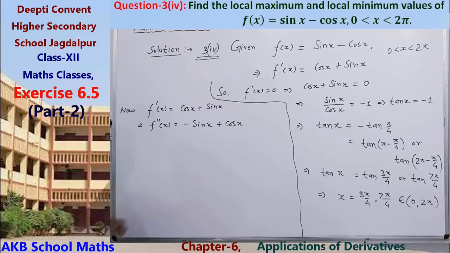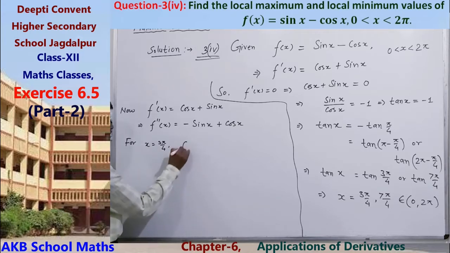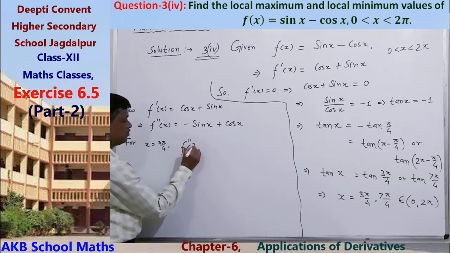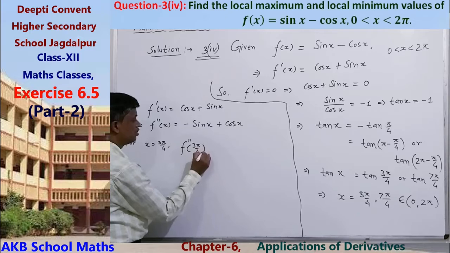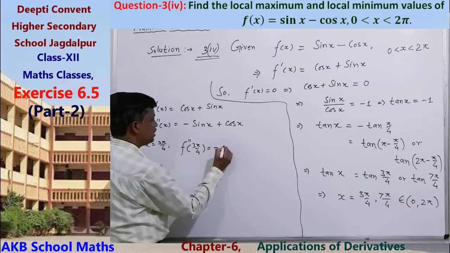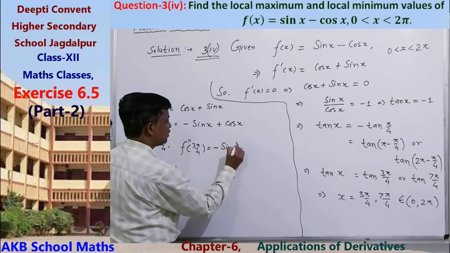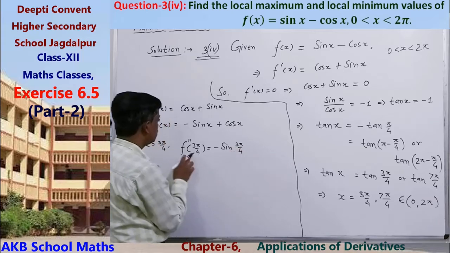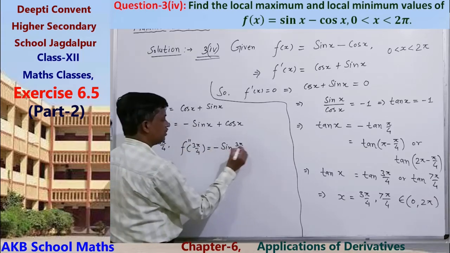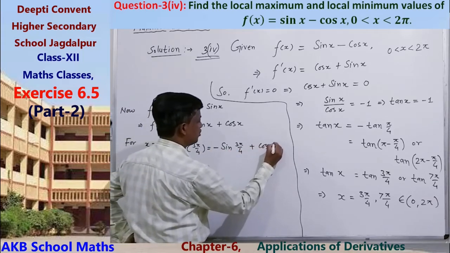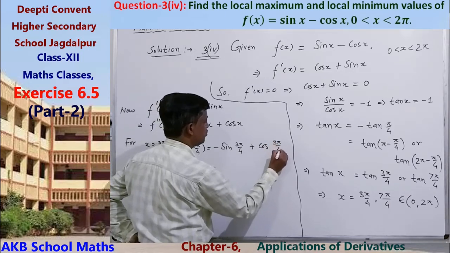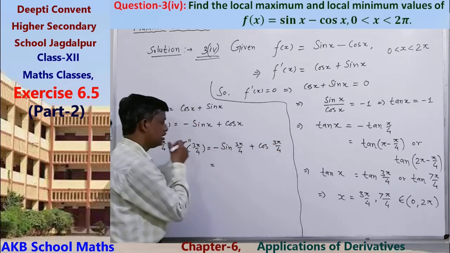Now for x equals to 3 pi by 4, first point, f double dash 3 pi by 4 equals to minus of sine 3 pi by 4, we have to put x equal to 3 pi by 4 here, plus cos 3 pi by 4. Now how can we solve it?